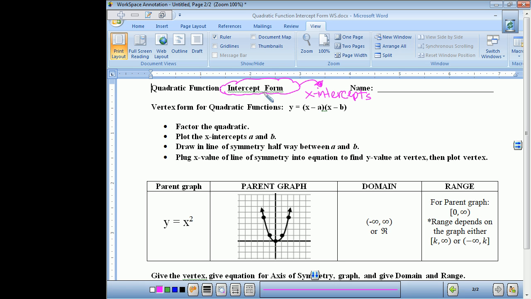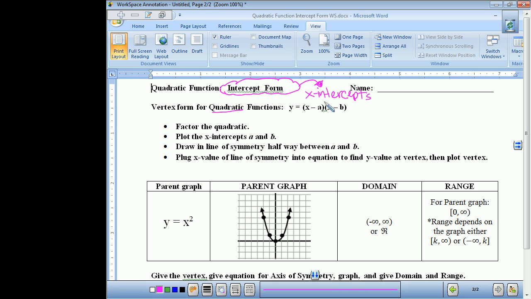Now, to do intercept form, what we try to do is take our quadratic function and factor it. Intercept form means I'm going to start off with the factors. Real quick, who remembers what quadratic means?